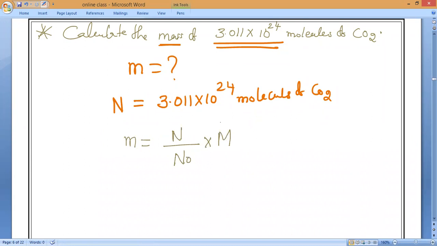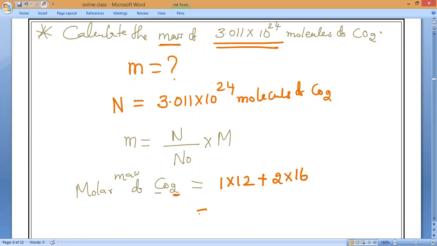Before going to that, find the molar mass of CO2. Molar mass of CO2 is equals to: number of carbon atoms, 1, into 12, plus number of oxygens, 2, into 16.